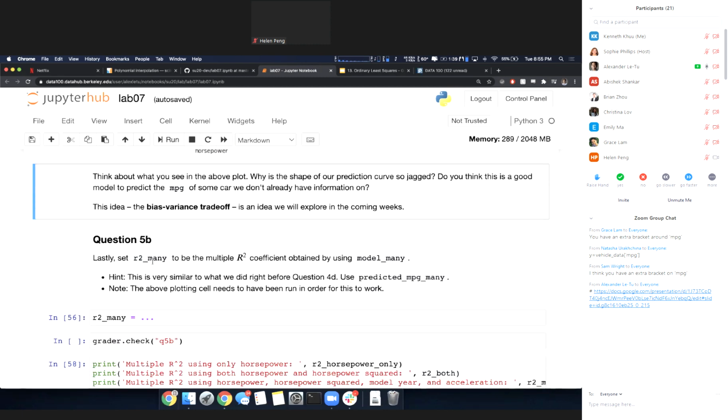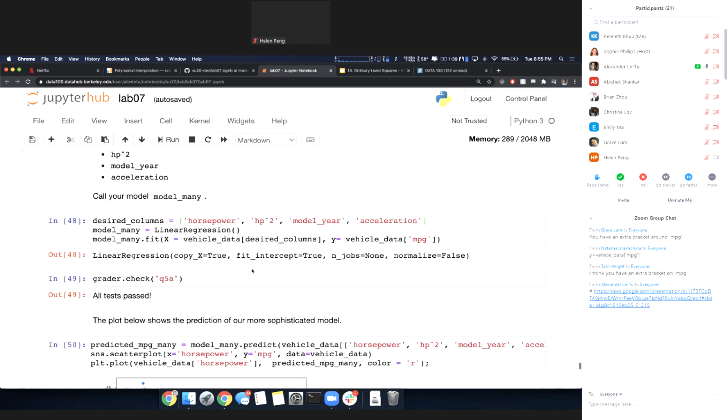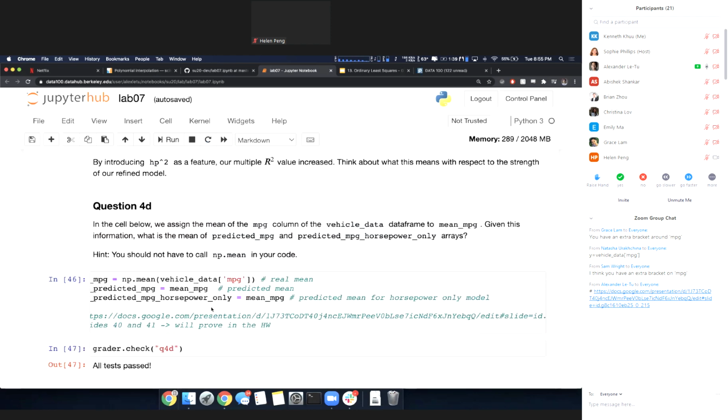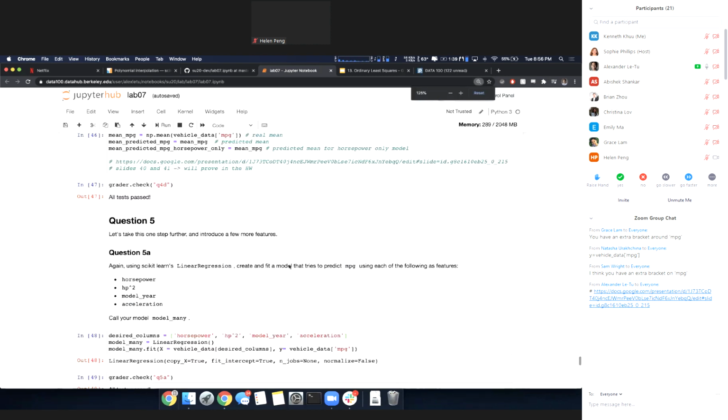So lastly, set R too many to be the multiple R squared coefficient obtained by using model many. Like the earlier model with just horsepower and horsepower squared, we want to view what this R squared value is. So we can go ahead and take a look at that. Where was it? Up here, we did this. We took this code here. Oops, sorry.